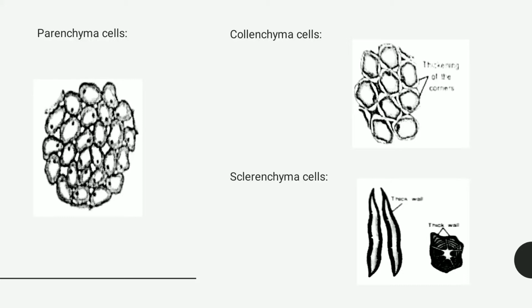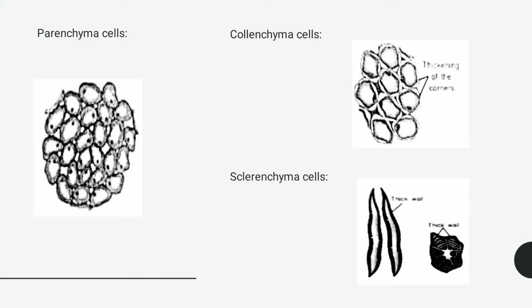The third type of cell is the sclerenchyma cells. It's also again a Greek word. Sclero means hard. So these are specialized cells which are harder in nature, that is, they have a thick cell wall.